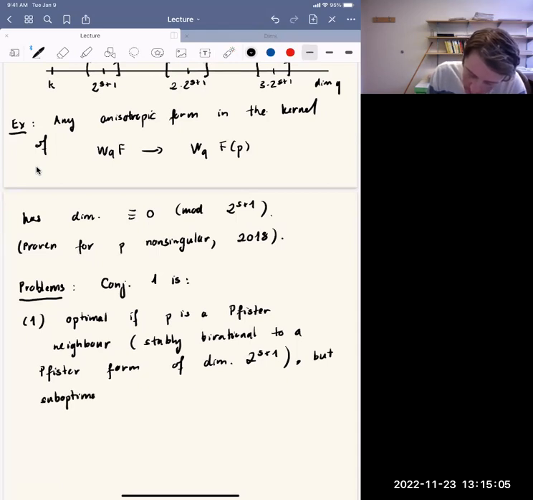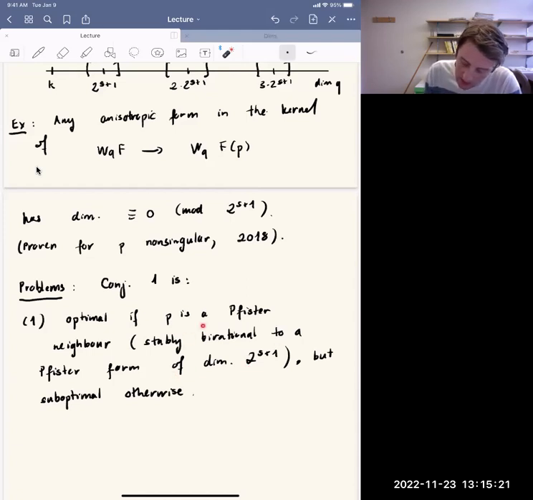So it's suboptimal otherwise. So in fact, it's well known that among all anisotropic quadratic forms, the ones which have simplest stable birational type are precisely the Pfister neighbors, and there are various ways one can express that.